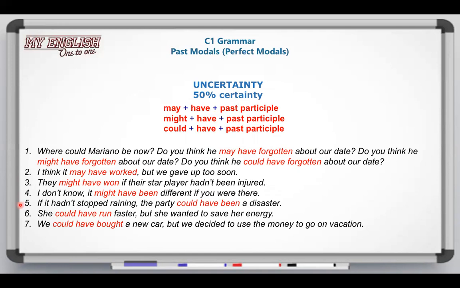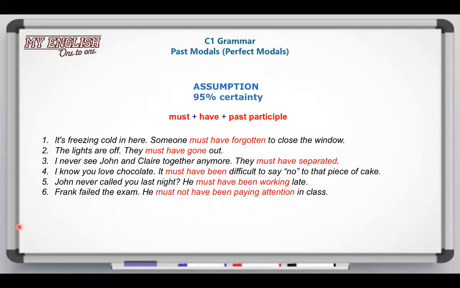If it hadn't stopped raining, the party could have been a disaster. 6. She could have run faster, but she wanted to save her energy. 7. We could have bought a new car, but we decided to use the money to go on vacation. So this was uncertainty.